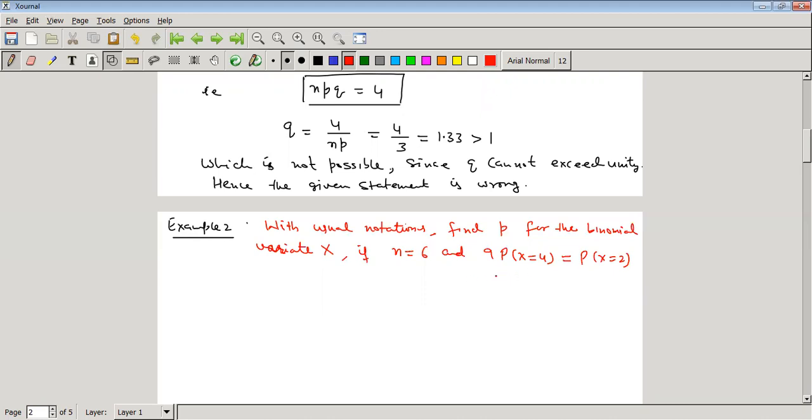This question was asked in the 2021 exam.